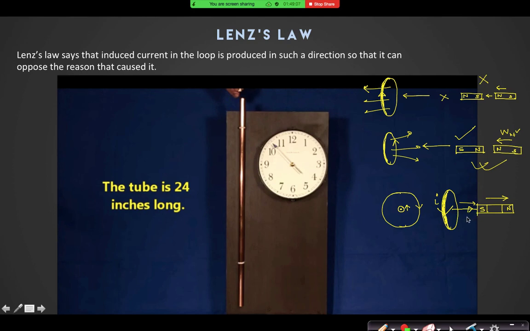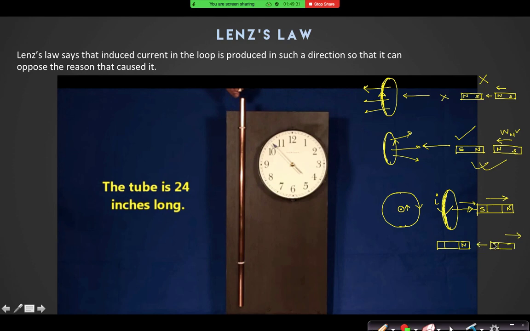You can also say that here if you assume a north pole, the current will attract: if you are dragging the pole in this direction, you have to do some extra work because it has to now attract.